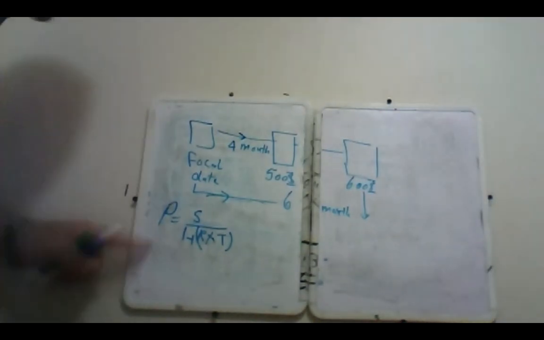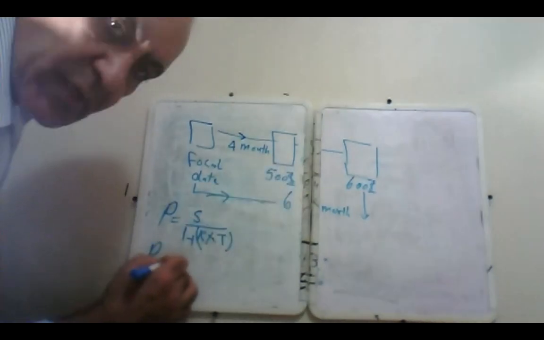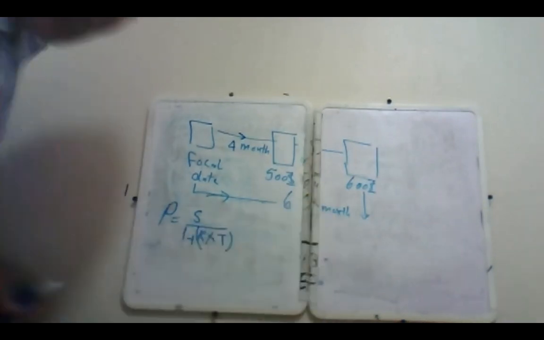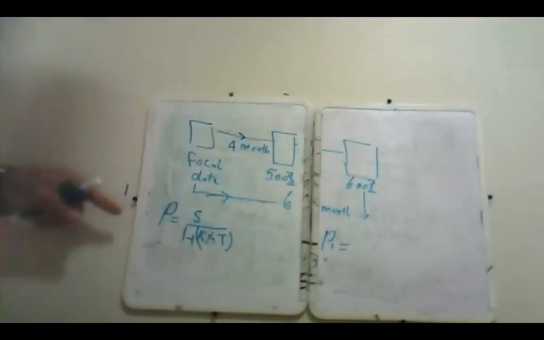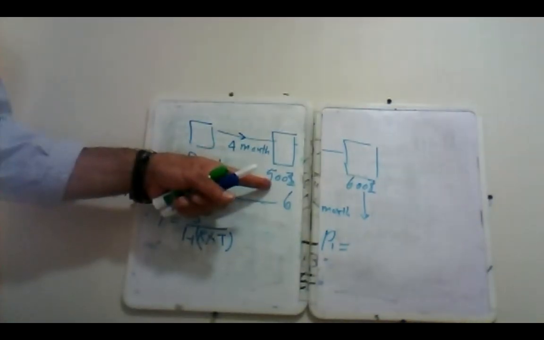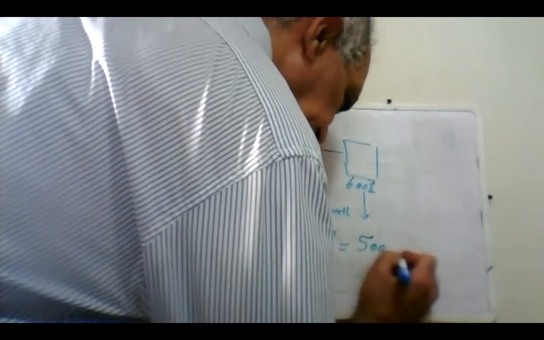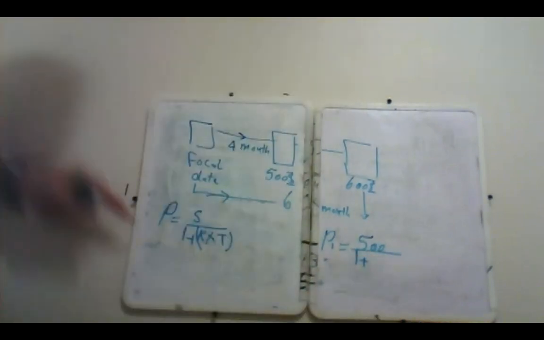Then for the first amount, which is $500, P1 will equal, so let me do it here. For the first amount, P1 for the $500, to bring the present value of the 500, we have to put the 500 first on the upper part of the fraction, and then divide by 1 plus the rate of interest.